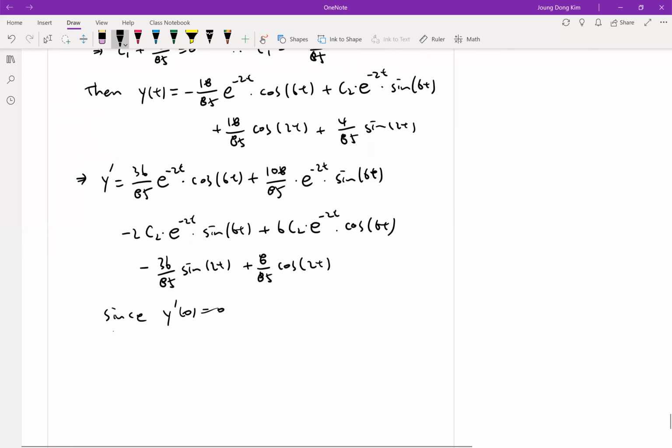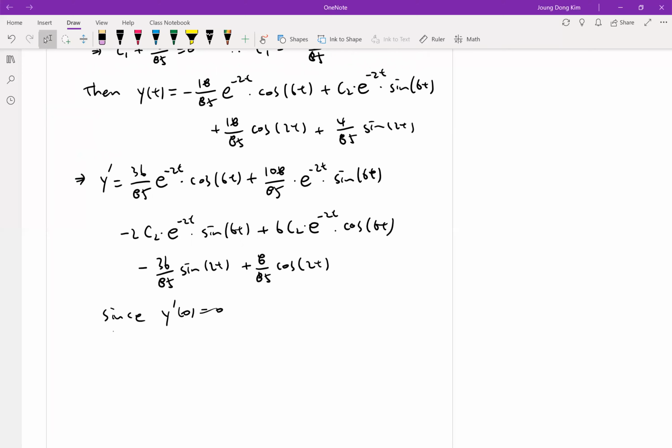Now, y prime (0) equals 0 as well. Plug in 0 there, then all the sine terms are gone and we're going to have only cosine terms. The first term is e to the 0 equal to 1 as well, and 36 over 85, which you get from the first one. The second one is gone, the third one is gone, the fourth one is 6 c2, and the very last one is 8 over 85, which must be equal to 0.